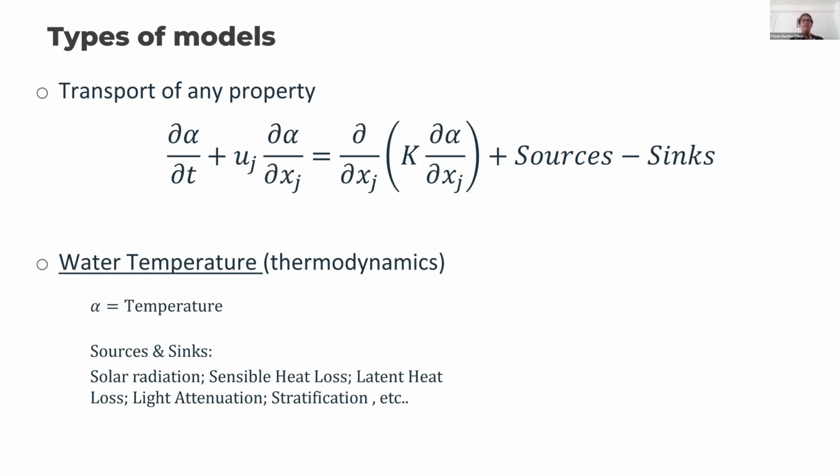Okay, so you see that this is the common structure. It can be applied for the hydrodynamics. In that case, the alpha will be the velocity. For the water properties, for the sediment transport, for the temperature, also for the salinity. It's not here, but the salinity would be something similar. Sources and sinks would be different, of course, but it's the same logic.